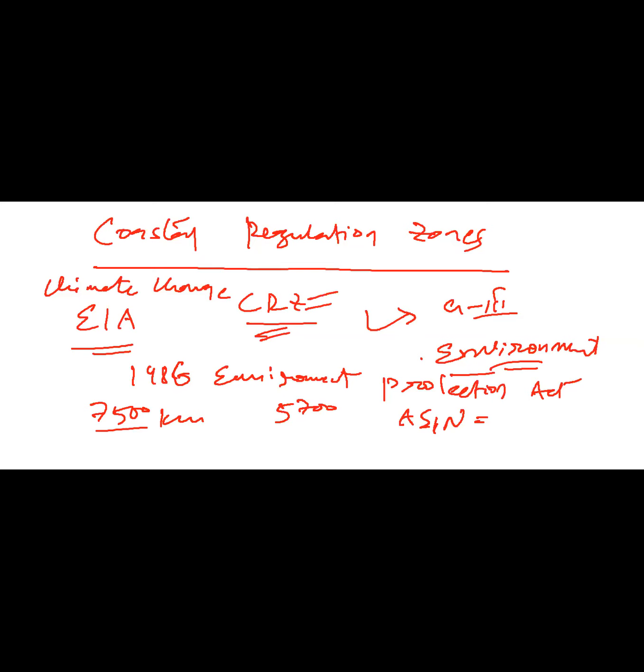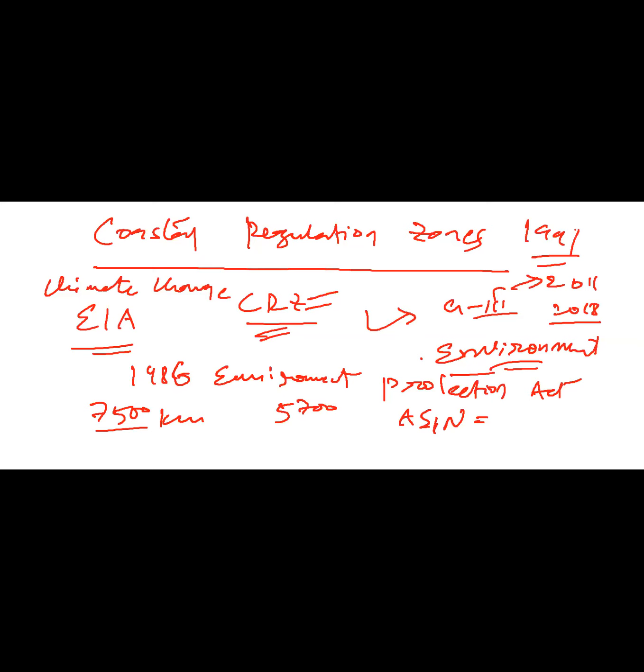If you see, the whole country is divided into 4 regulating zones, especially from the 2011 notification onwards. As of now, 3 notifications have been released by the Environment Ministry under the Environment Protection Act: one in 1991, the second in 2011, and the third in 2018.